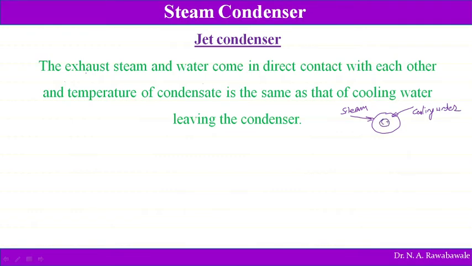The steam gets condensed, and from here the condensate is collected. The condensate is the sum of steam and cooling water. These two are mixed, so the temperature of the condensate is the same as that of the cooling water, as the steam acquires the temperature of the cooling water. So both are coming out.